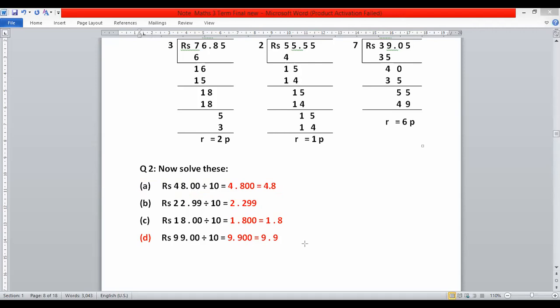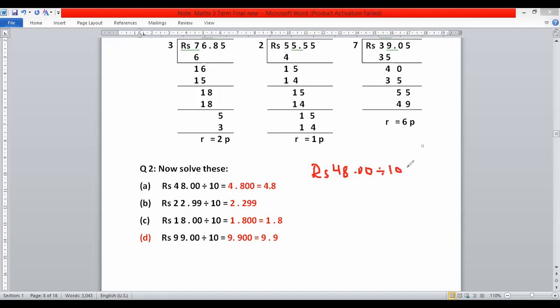So first of all, I'm going to copy this question again here. Rs 48.00 means 48 rupees, no paise, divided by 10.